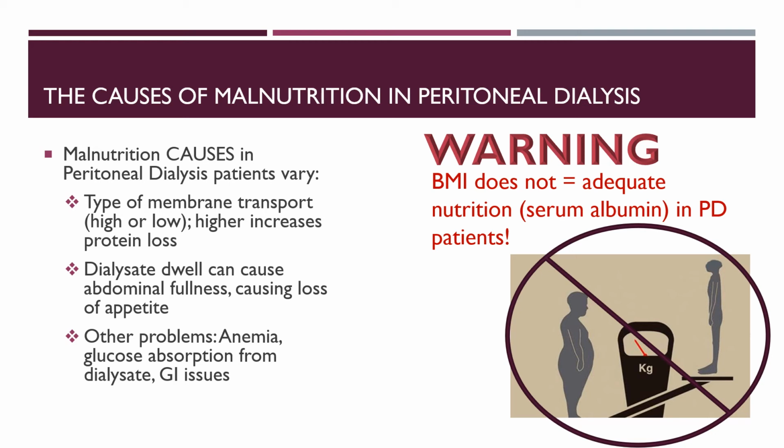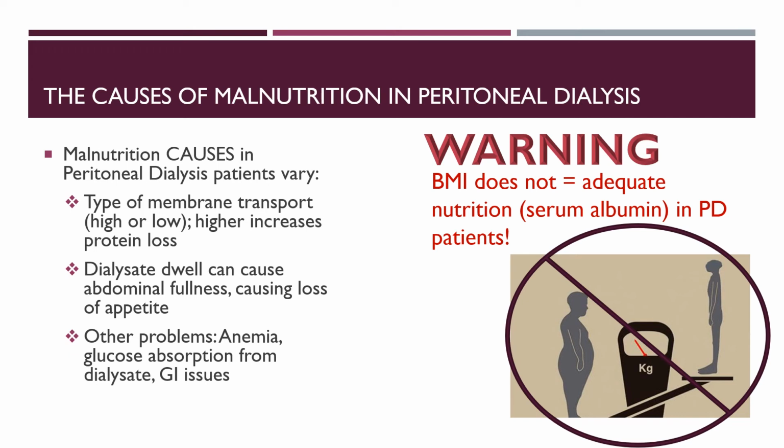Peritoneal dialysis patients often have normal or even elevated BMI, and at the same time, hypoalbuminemia with all its complications. The poor diagnostic performance of BMI may potentially explain the paradoxical association between higher BMI and lower mortality in this group of patients.